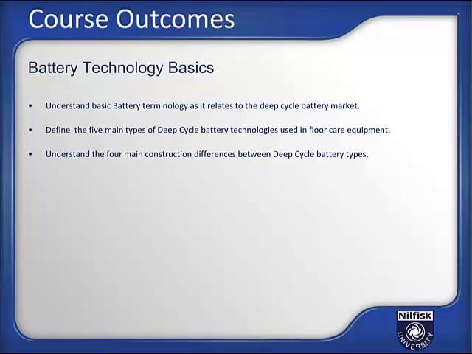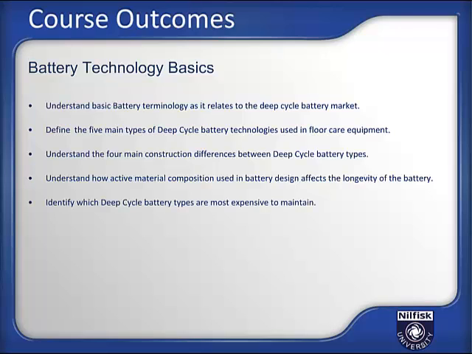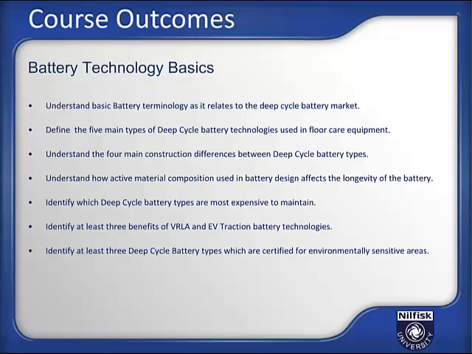You'll be able to understand the 4 main construction differences between deep cycle battery types. You will understand how active material composition used in battery design affects the longevity of a battery. You'll be able to identify which deep cycle battery types are most expensive to maintain, and also identify at least 3 benefits of VRLA and EV traction battery technologies.